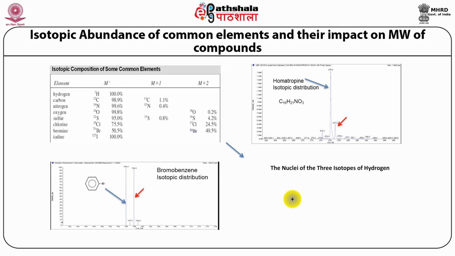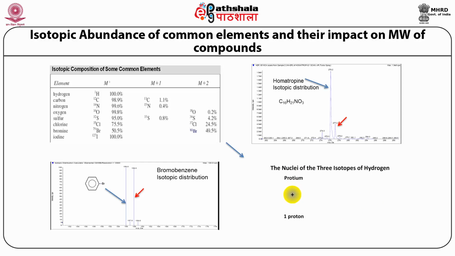But when it comes to bromine, for example halides, it is very interesting. In the left lower corner is bromobenzene. Its isotopic distribution says that the second isotope is about 99% of the first isotope.